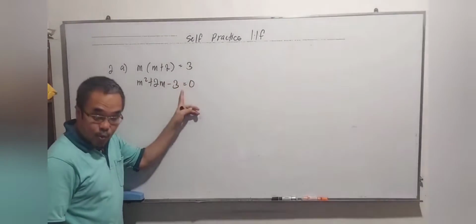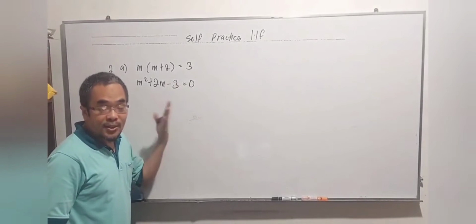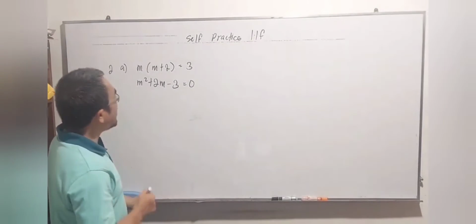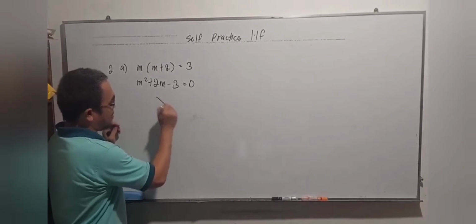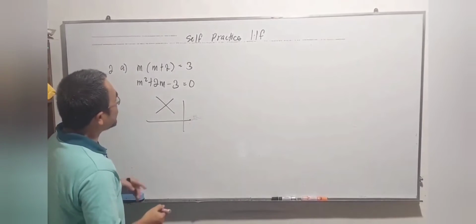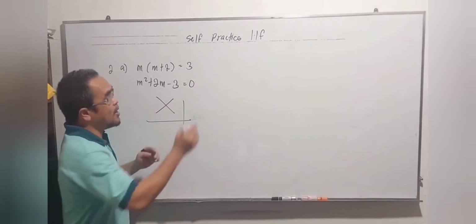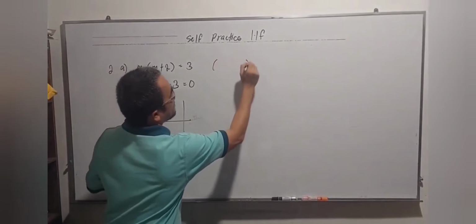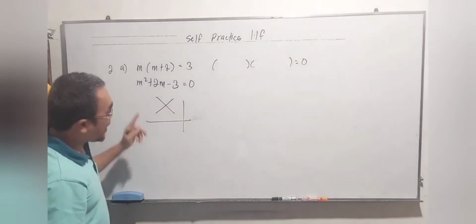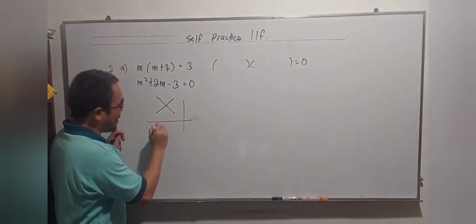So when you have equal to 0, this is what we call general form. First, this one is just an example for you of how we get the bracket, the factorization. Okay, so you have to think of a number.